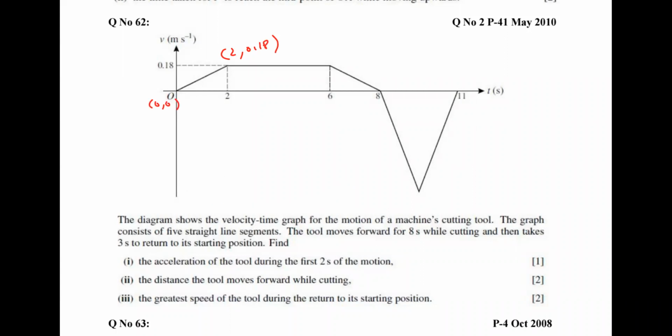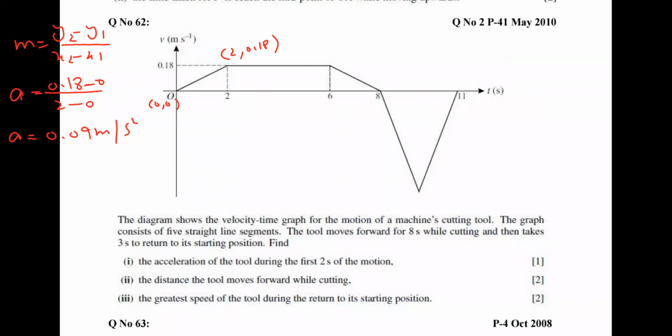All of you know the gradient formula is y2 minus y1 over x2 minus x1. So I get 0.18 minus 0 over 2 minus 0. Ultimately I get a positive 0.09 meter per second square, and I got the acceleration.